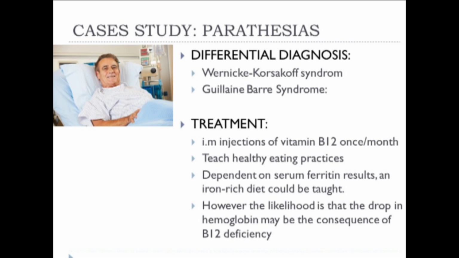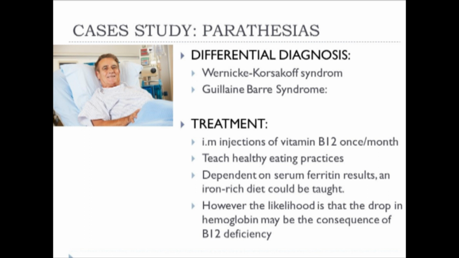We'd have to teach the patient healthy eating practices to eat well according to the person's situation. And of course, depending on the serum ferritin results, which are ultimately trying to confirm whether or not there's iron deficiency mixed into all of this, an iron-rich diet then could be taught if iron deficiency is confirmed.